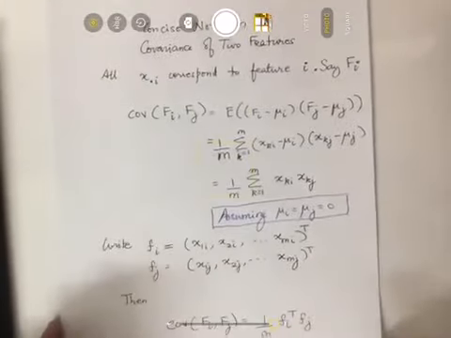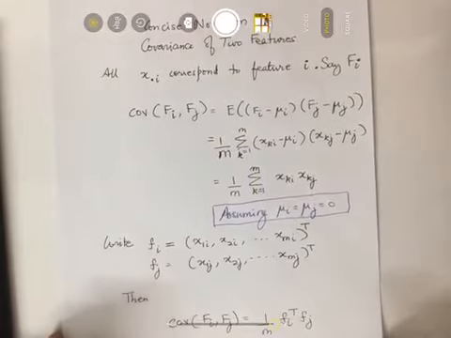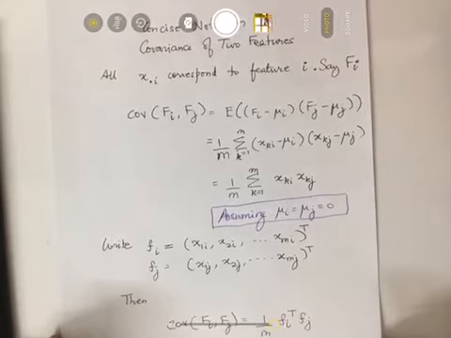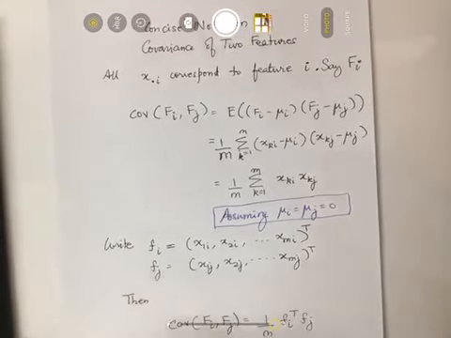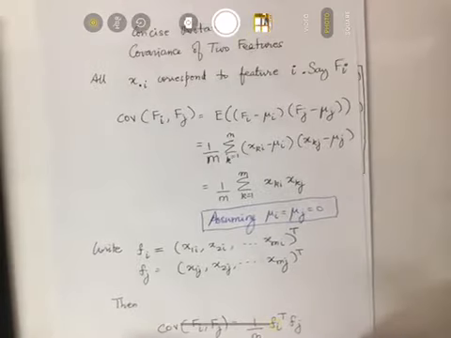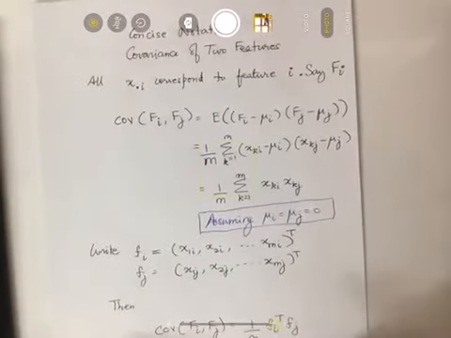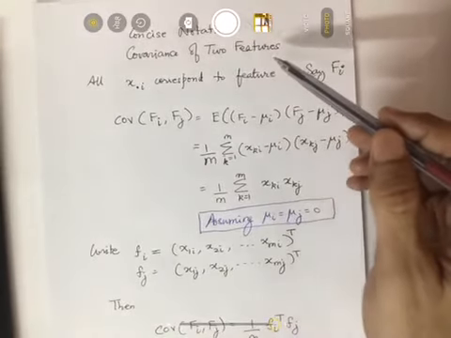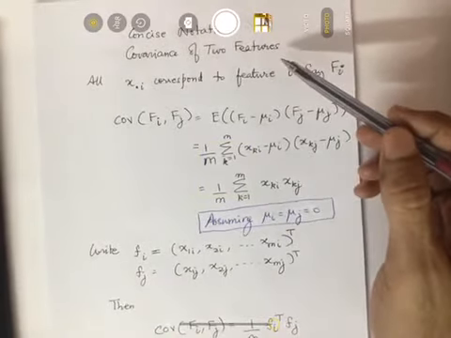Next, we just want to develop some kind of concise notation that's going to help us in our principal component analysis. We want to write a simple way for representing covariance of two features, right?